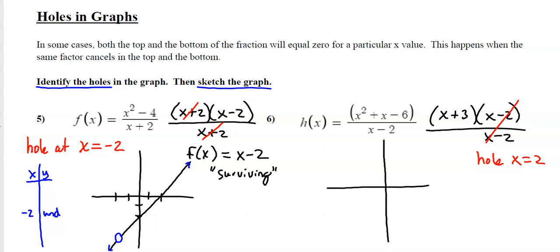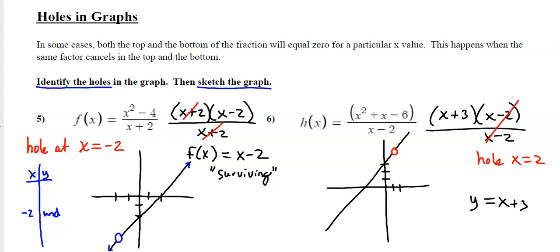And the surviving equation is just y equals x plus 3. So that says go up 3, slope of 1, and then throw a hole in there at 2. So at 2, we go back in and say, you know what, there's a break in the line, and there's a hole there.